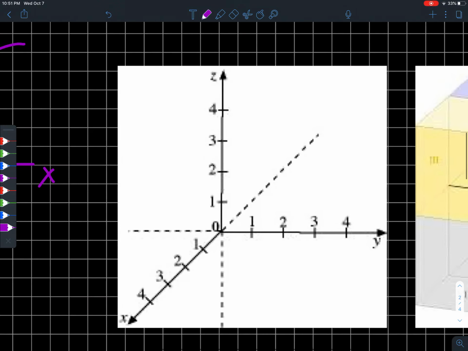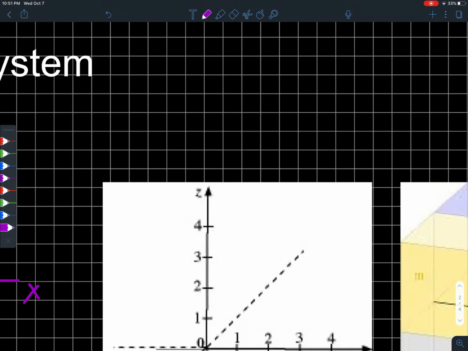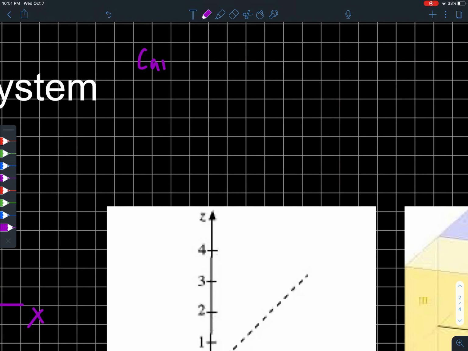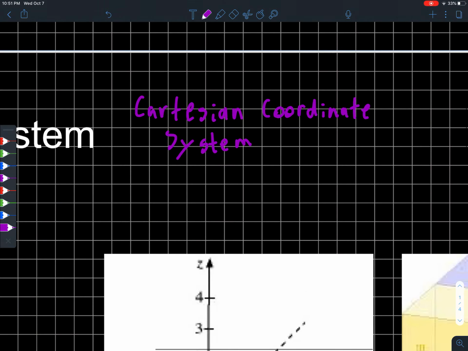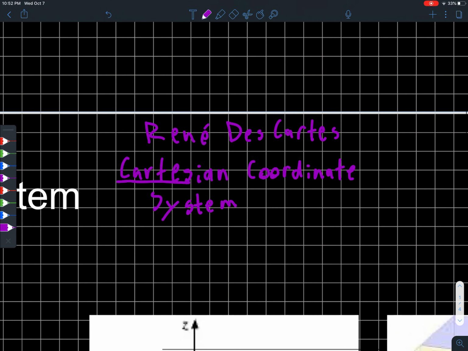So this 3D coordinate system has a couple names that you got to know. It's the Cartesian coordinate system, named for none other than René Descartes, the I think, therefore I am guy.